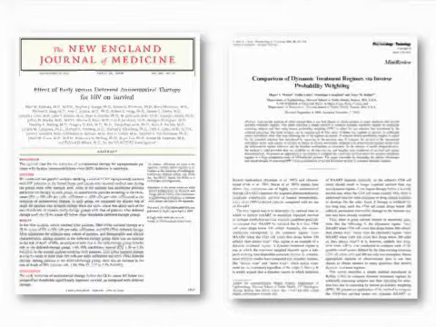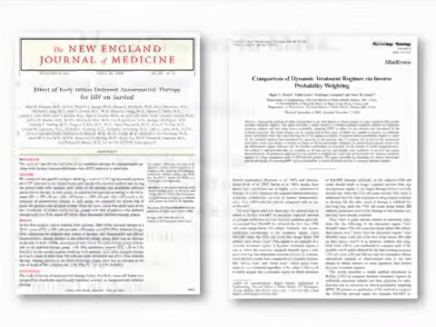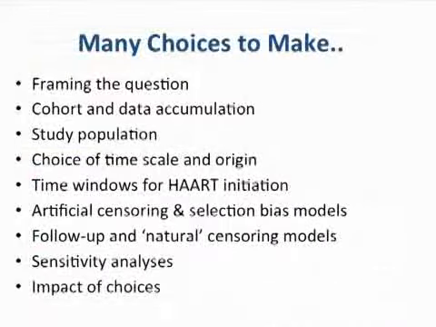So I'm going to talk about some work that we've done, that ended up in New England Journal using some relatively complex causal inference models. I'm not going to go through all the details of that. What I want to highlight are all the choices that we had to make when doing this type of analysis, of trying to evaluate this question in an observational setting.